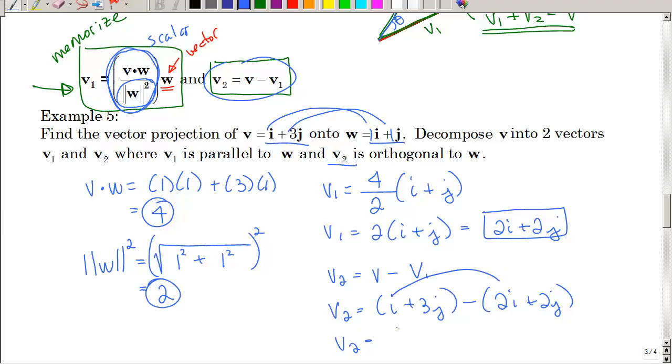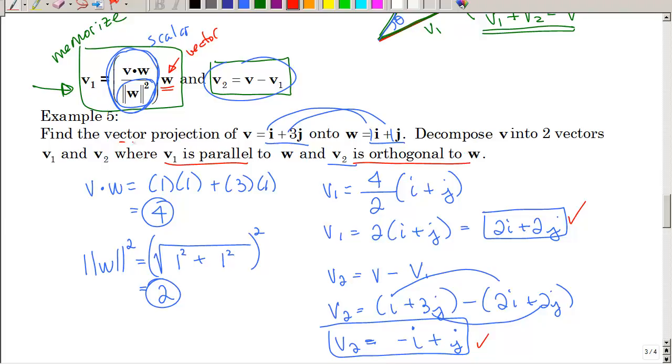So i minus 2i is negative i, and 3j minus 2j would be 1j. So we have found v1, the part that's parallel, and v2, the part that's orthogonal. Again, that's called a vector projection.